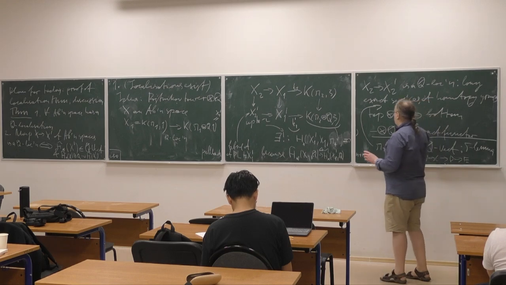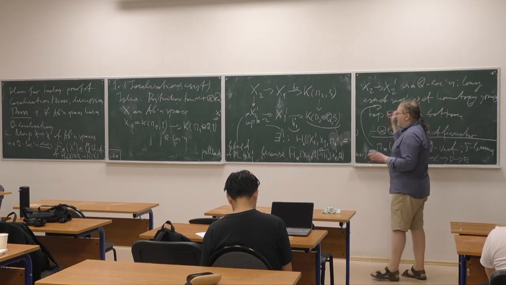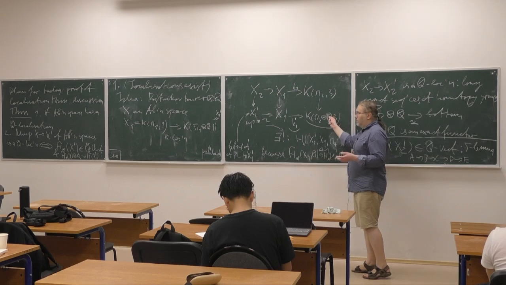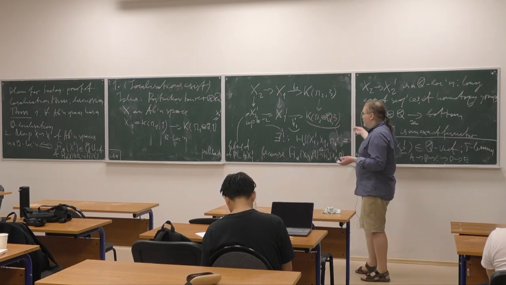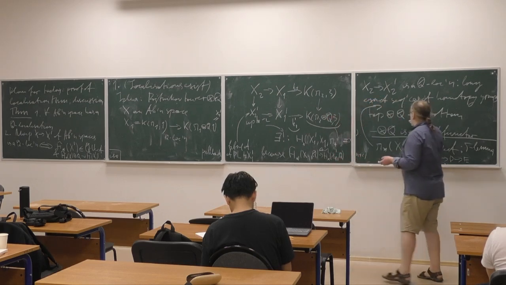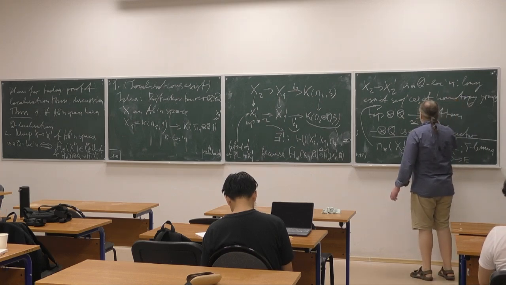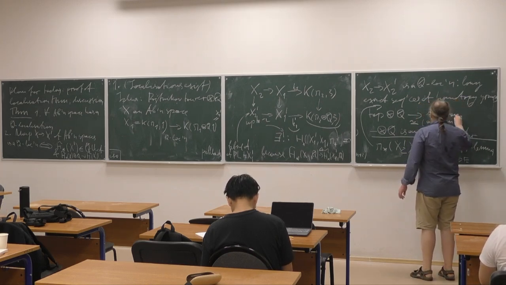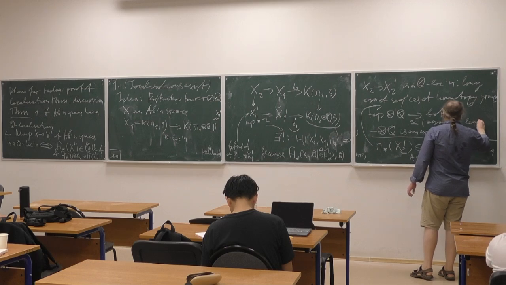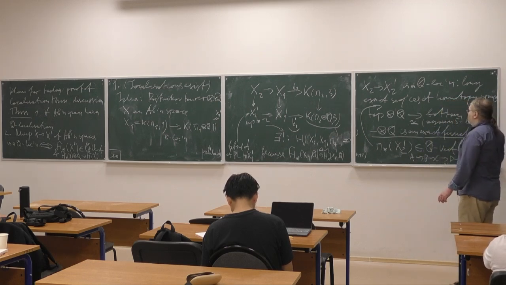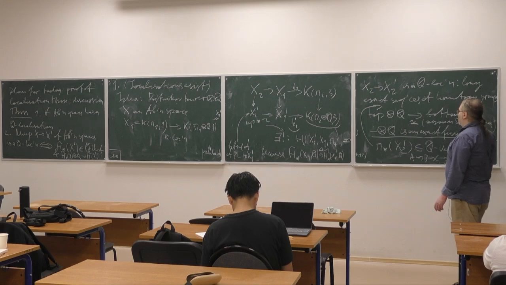So once I know that the homotopy groups of the bottom row are Q vector spaces, I have this map, and this map is an isomorphism, again by 5 lemma.